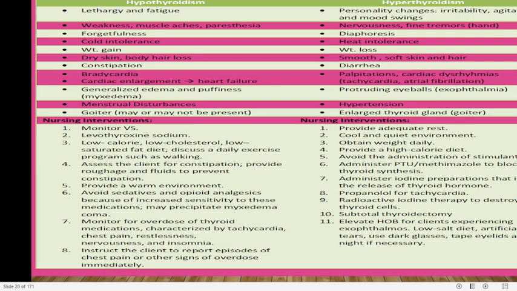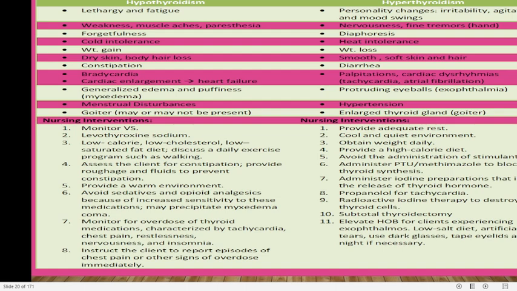Next, you have radioactive iodine therapy to destroy thyroid cells. We also have subtotal thyroidectomy, where part of the thyroid is removed, and when you do that, you have to monitor the patients for hypothyroidism symptoms. Lastly, you elevate the head of the bed for clients experiencing exophthalmos.